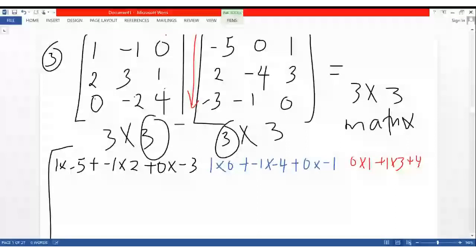So I'll go to this other one. Basically now I'm on the second row of 2, 3, and 1, and I'll do the same.